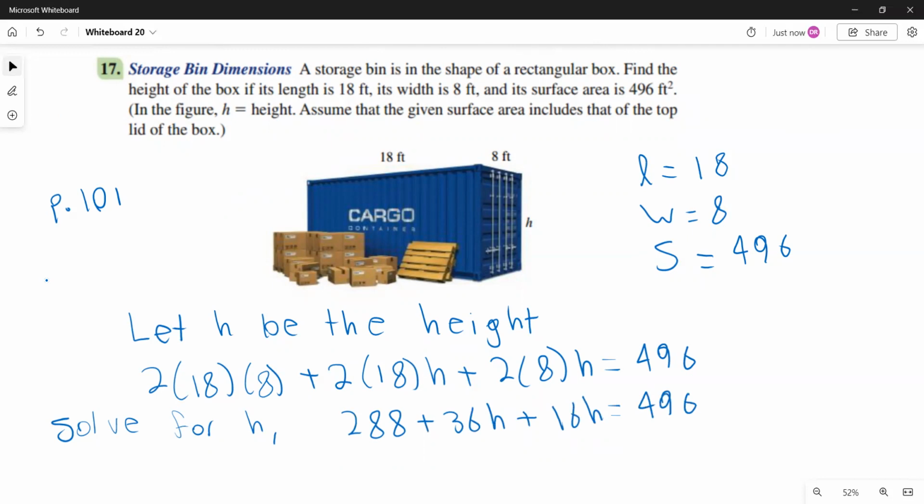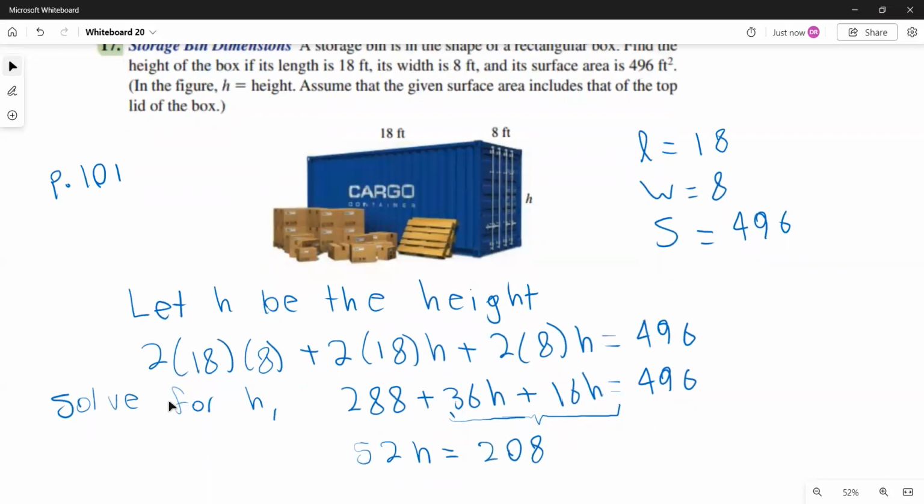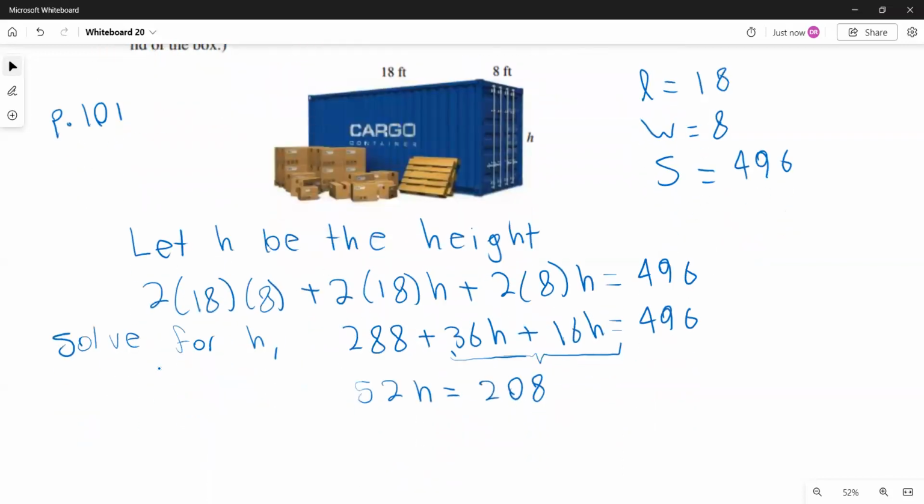Okay, so subtract 288 from both sides and combine 36 plus 16. So these two together are 52h. And 496 minus 288 is going to be 208. Divide both sides by 52, and the height is going to be 4.